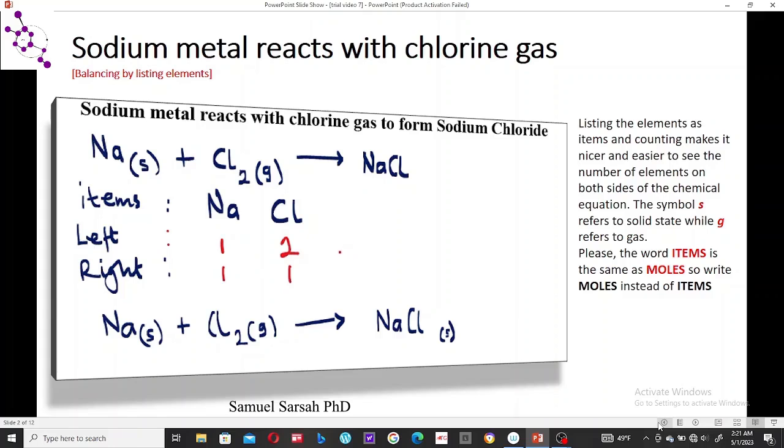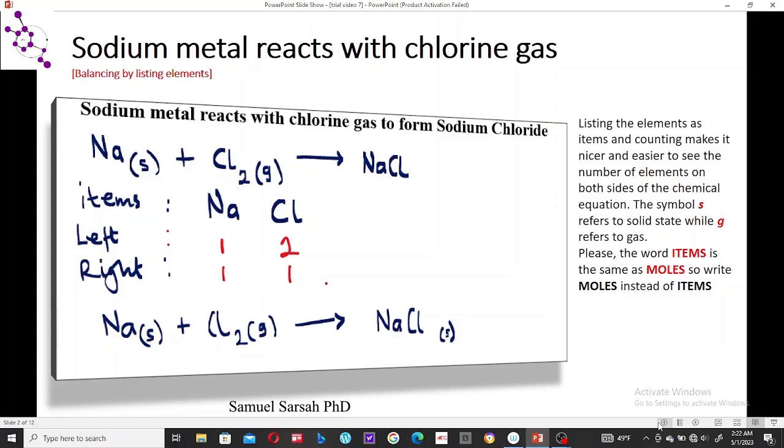So this is not balanced. So how do we balance it? The sodiums are 1 and 1, so they are okay now. The chlorines, we have 2 here and then 1 here, so they are not balanced.